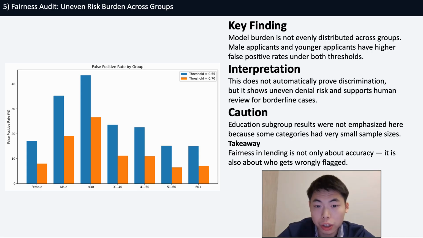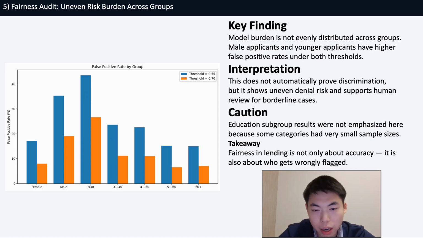We looked at gender, age, income type, and education, but the strongest and clearest pattern appeared in gender and age. This chart shows false positive rate by group. A false positive means the model says a person is high risk, but in reality the person does not default. In lending, this matters a lot because false positives can mean extra friction.